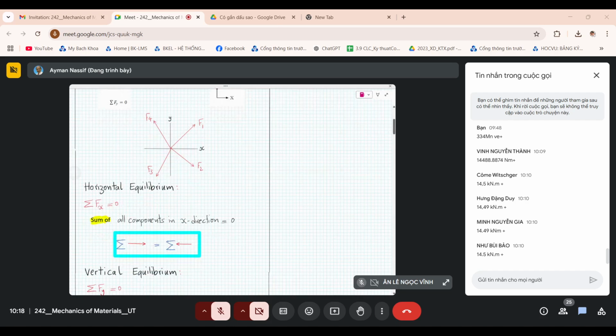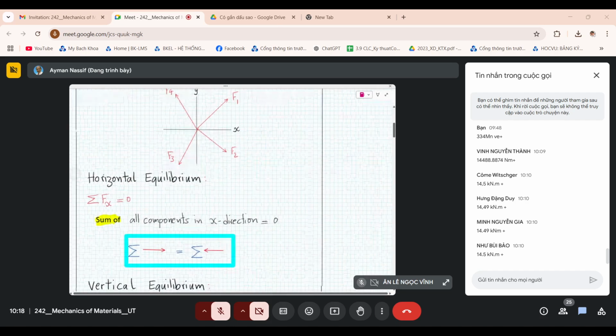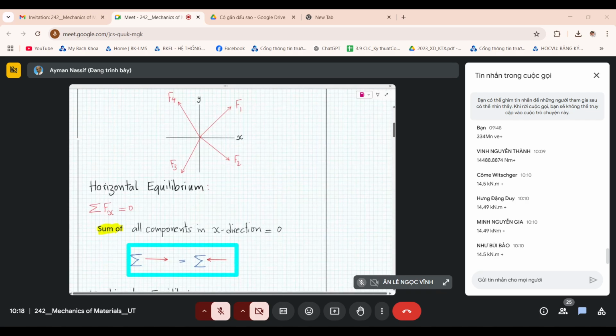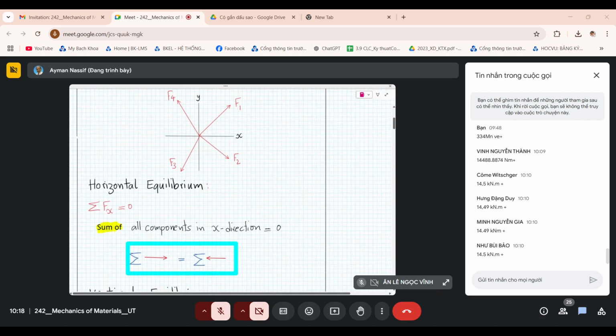So the sum of the components in the x direction must be equal to 0. And I like to write it in a simplistic way: the sum of the components going to the left must be equal to the sum of the components going to the right. Very simple idea, but the mathematical form, of course, is sigma Fx equals 0.